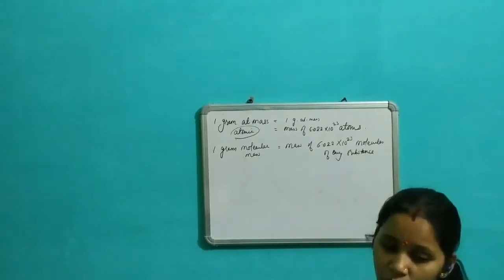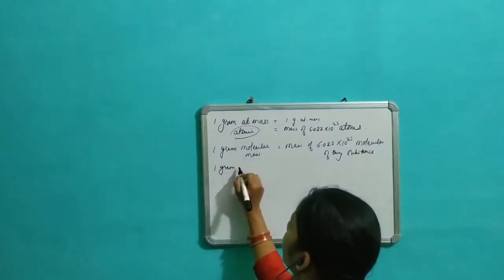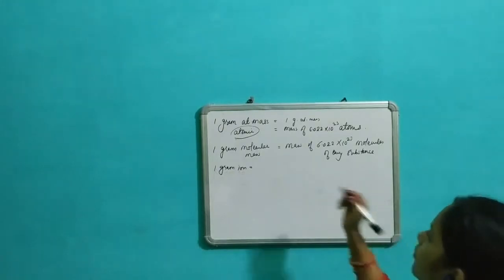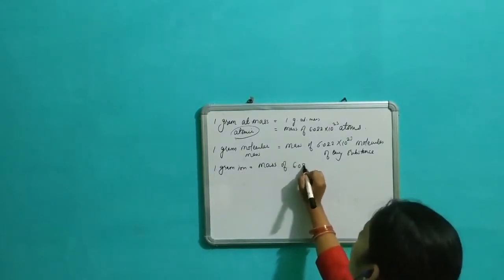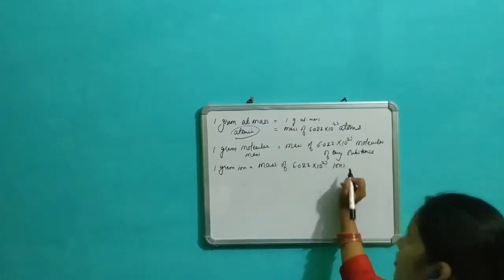If I say 1 gram ion, then it will be equal to the mass of 6.022 × 10^23 ions.